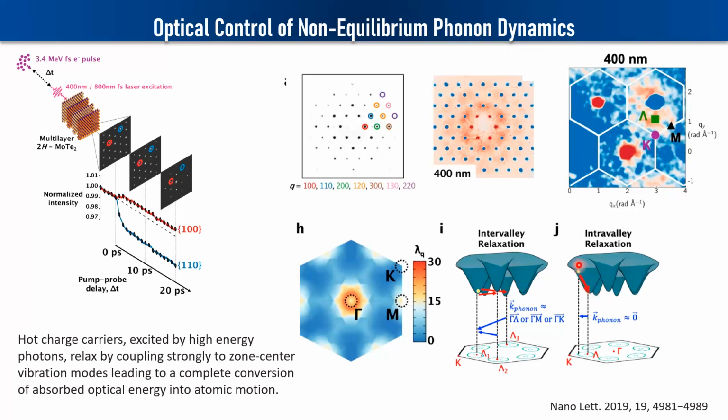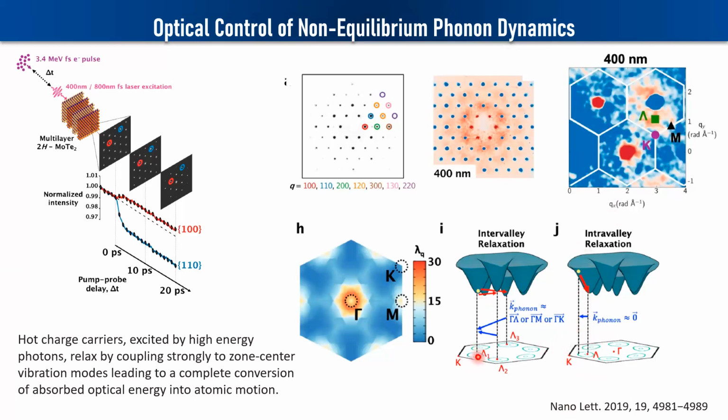So this is the intra-valley relaxation, where there is a complete conversion of the optical energy into atomic motion.